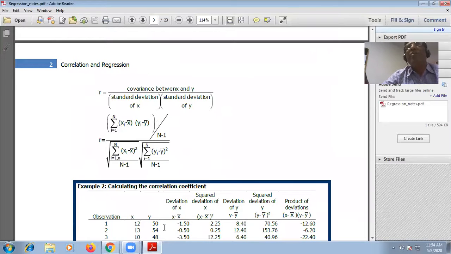So if you have any numerical asking you to calculate the correlation coefficient, what you have to do is find the standard deviation of the first variable, then the standard deviation of the second variable, and then the covariance of x and y.